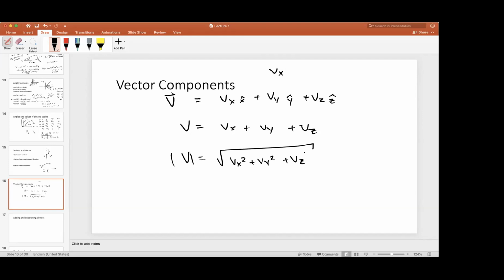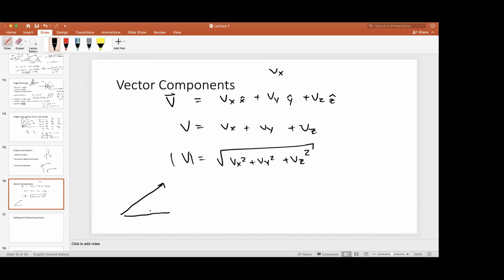And so what this tells us is that we can break a vector up. And in fact, almost all the vectors, I would say 99.9% of the vectors in this class are only going to have one or two components.